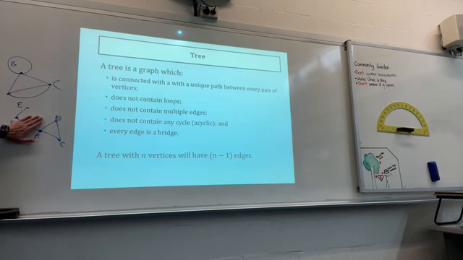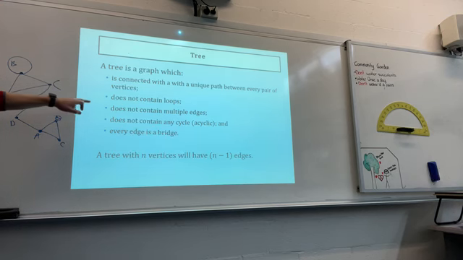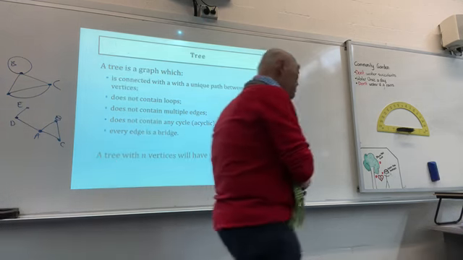If I take away DA, you've got two separate graphs. And if I take away DE, from one connected graph, it becomes a disconnected graph. So think about what a bridge is. So these are from first semester: loops, multiple edges, cycle, and also a bridge.